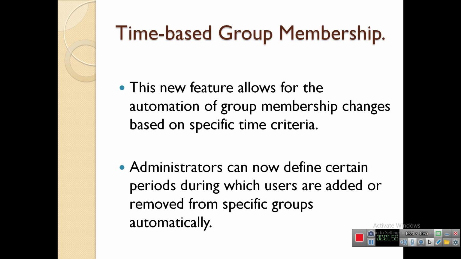After 1 hour, this user is automatically removed from the domain admin group. So administrators can define certain periods during which users are added to or removed from specific groups automatically. If you want the user to be automatically removed after a certain time period, you can use this type of group membership.